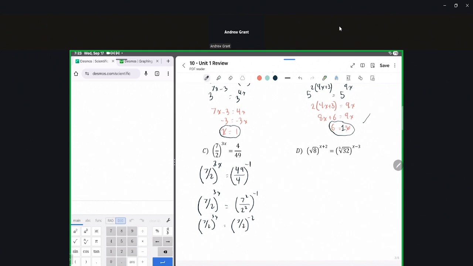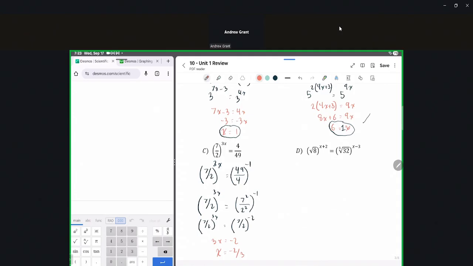At this point, we note that the bases are the same, so we can equate the exponents. And so we've got the case 3x is equal to negative 2, dividing both sides by 3. We end up with x being equal to negative 2/3.